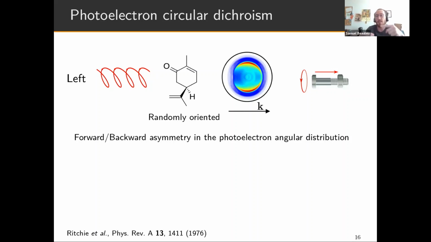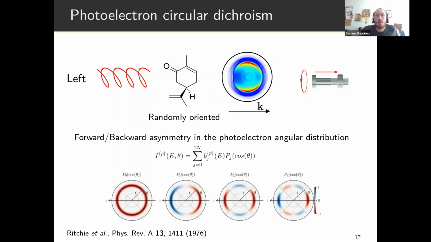You can see that for a given rotation direction of the nut, it will move in a very specific direction. For example, if you rotate clockwise, it will go forward, and anti-clockwise, it will go backward. And this is very similar to what is happening here in photoionization of a chiral molecule.